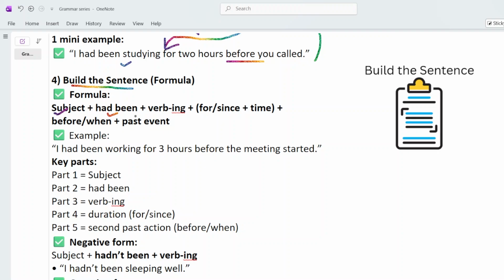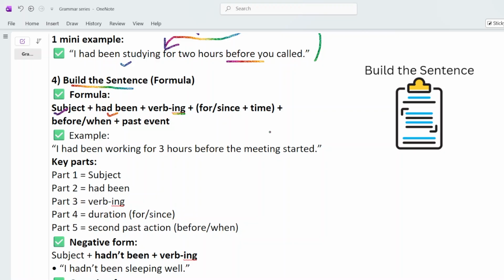Okay, had been is your auxiliary verb in action here. So subject plus had been plus verb in the ing form. And why do you think there is an ing here, my friends? Because obviously it is a scene where an action is continuing for a long time. Again, I told you it is duration based, and this particular point you need to understand.